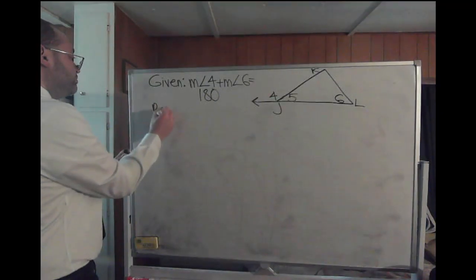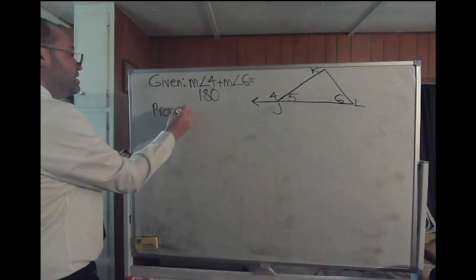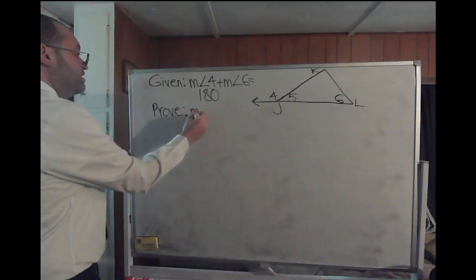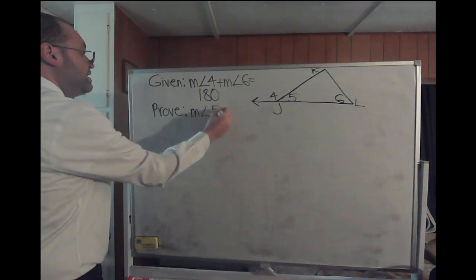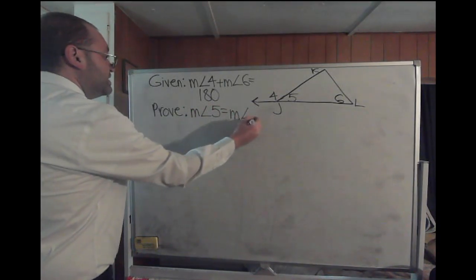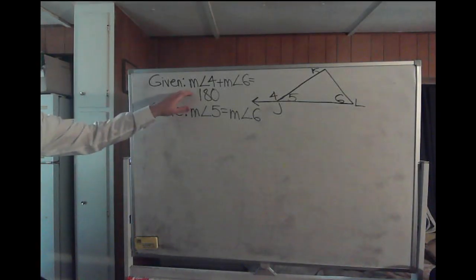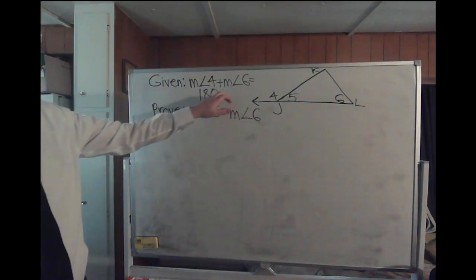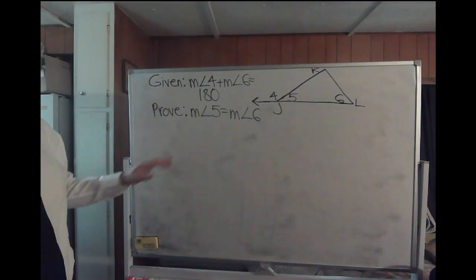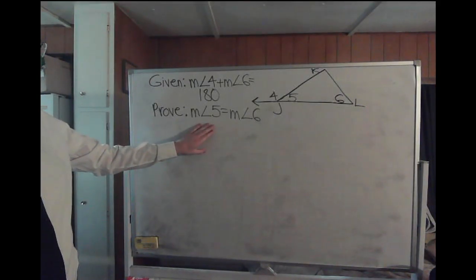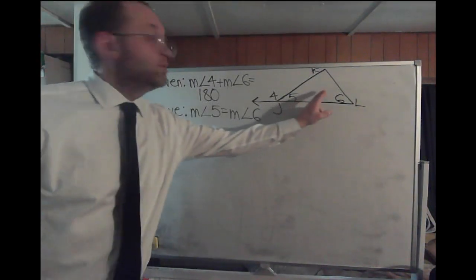We have to prove that the measure of angle 5 equals the measure of angle 6. So that's what we're tasked with proving. We're given that the measure of angle 4 plus the measure of angle 6 equals 180, and we have to prove that the measure of angle 5 equals the measure of angle 6.